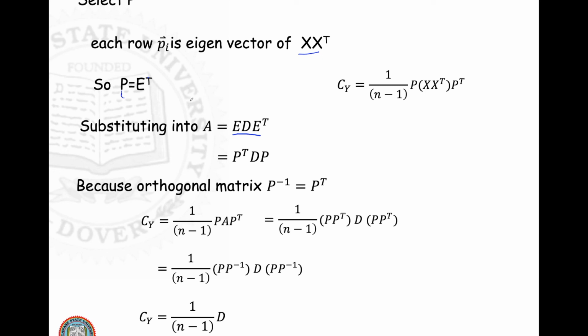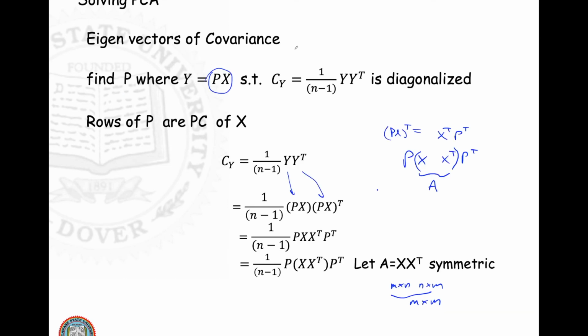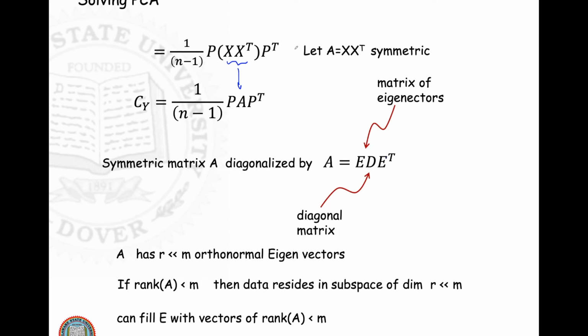So if P is the Eigen Decomposition, the eigenvectors of XX transpose, remember, when we posed this matrix D, we said we're going to take our A, and A is going to be XX transpose. We said that A is diagonalized, XX transpose diagonalized in this form using the Eigen Decomposition.